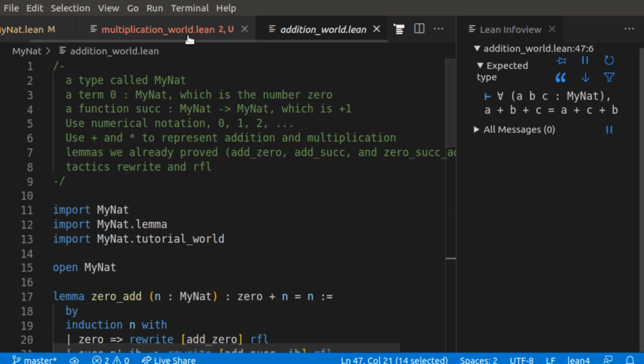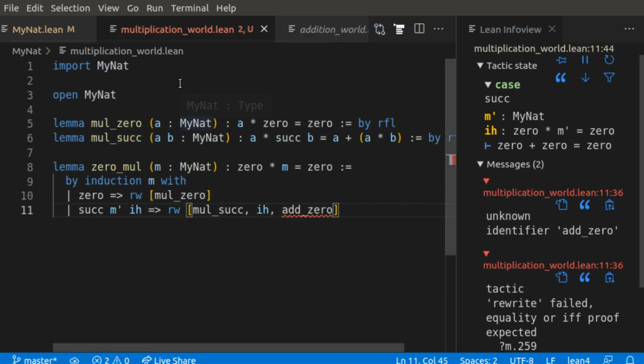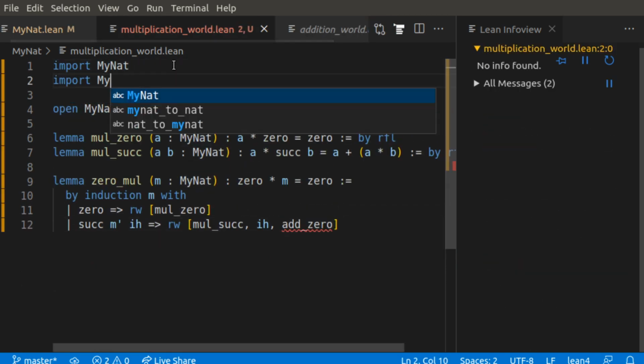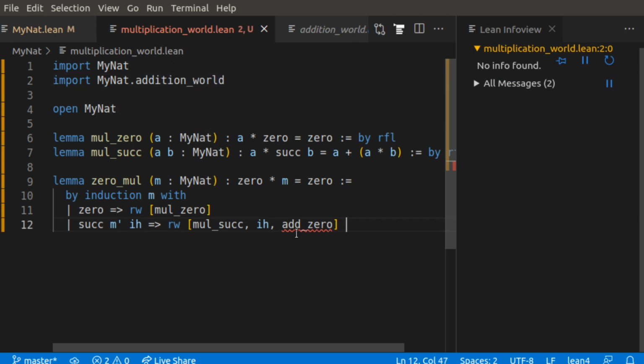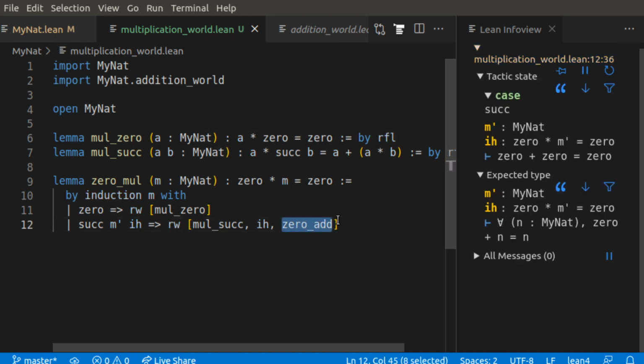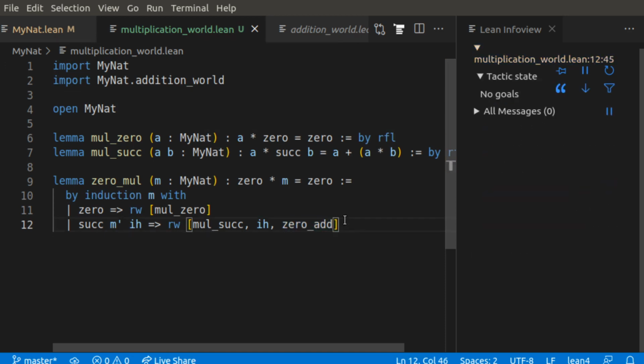But we need to import my.nat.addition world to get access to add 0. Either one should work. And ta-da! We have our lemma for 0 multiplication, or like 0 times any number m. First level done.